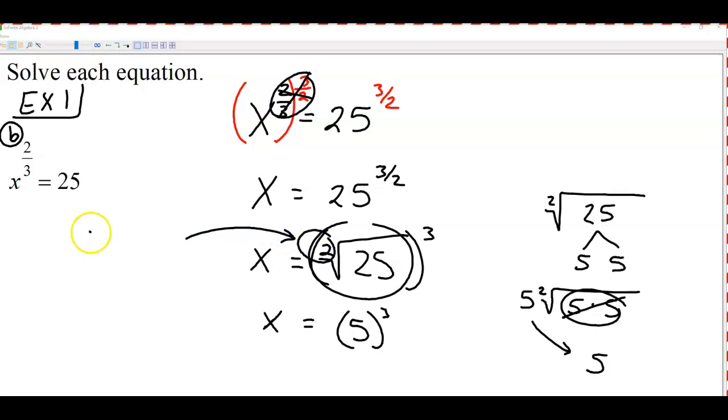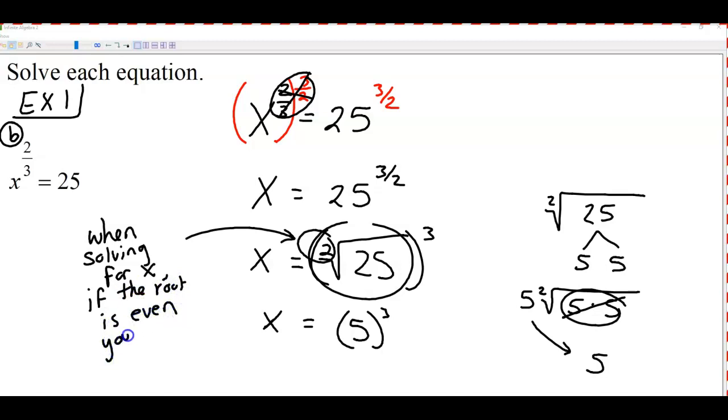And let's say when solving for x, if the root is even, you get plus and minus. And then draw an arrow to there. Okay? This only applies if the root is even.